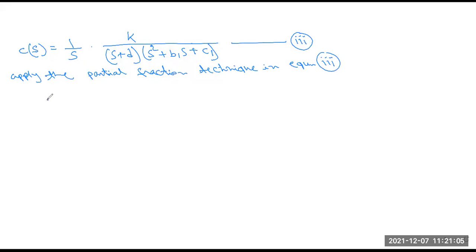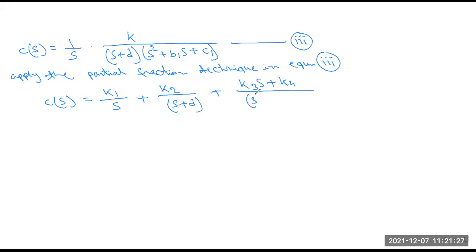So the equation we have to write is C(s) equals K1 by s plus K2 by (s plus d) plus (K3 s plus K4) divided by (a squared plus B1 s plus C1).